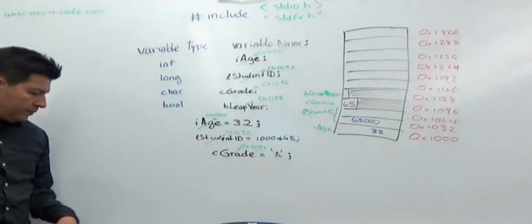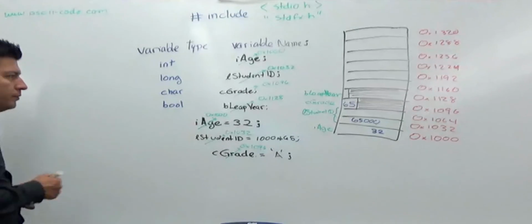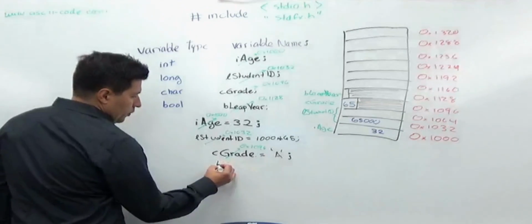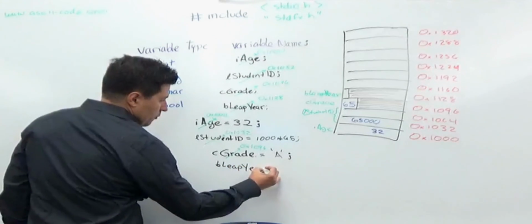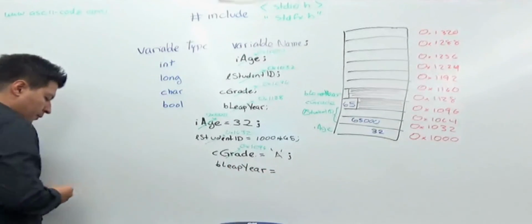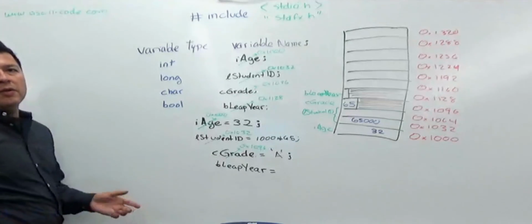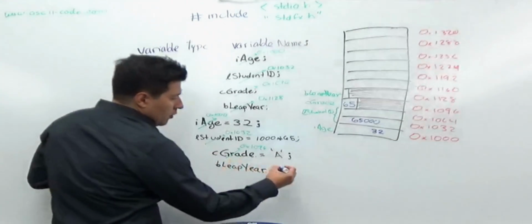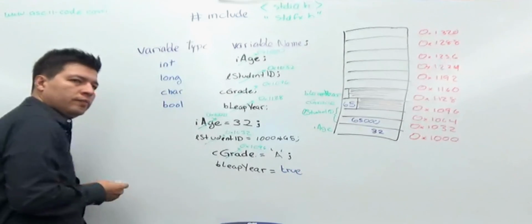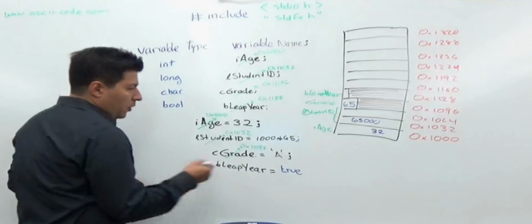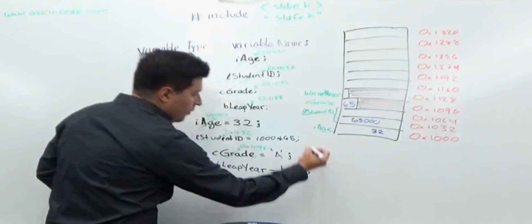Now, leap year. Let's say the leap year is true. So there can only be two values, right? True or false. So I'm going to use true, and always have the end of statement.